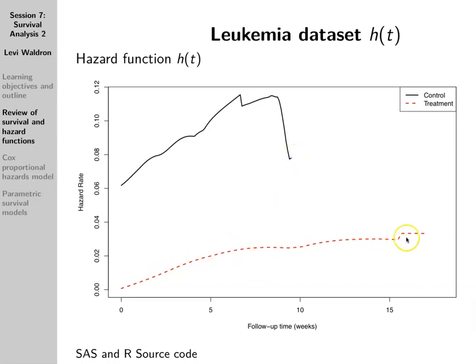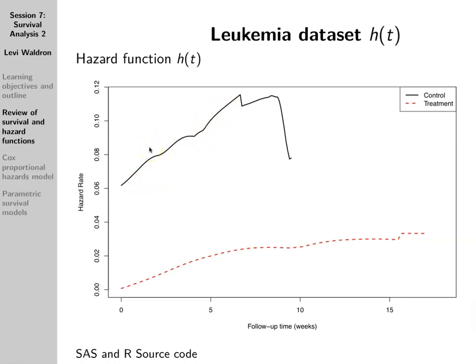We have a better estimate of it down here, but approximately what you expect, what proportional hazards mean, is that these two lines are parallel to each other. So here we see an increasing hazard with time for the treatment group, and you see an approximately equivalent increasing hazard up here.